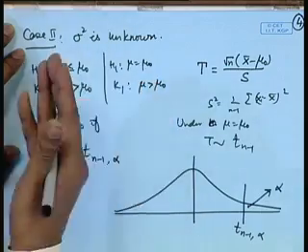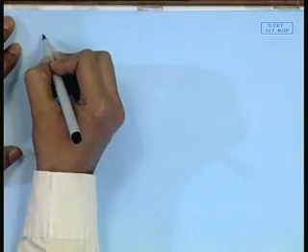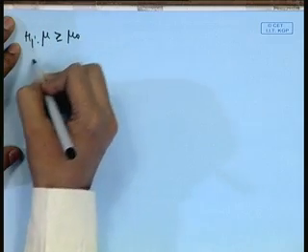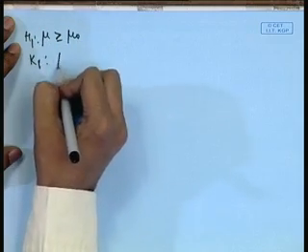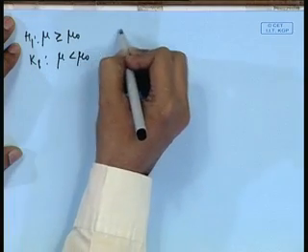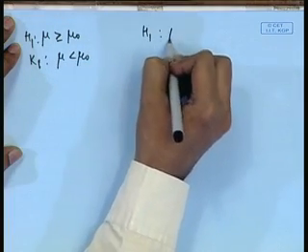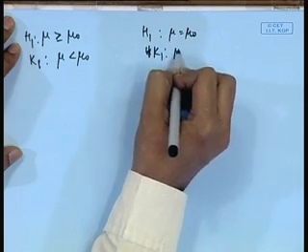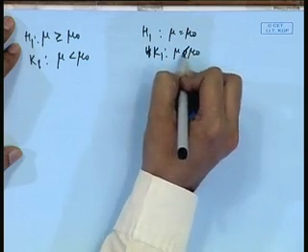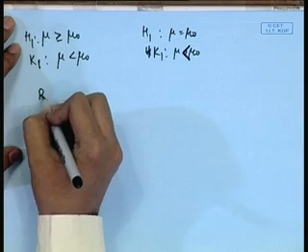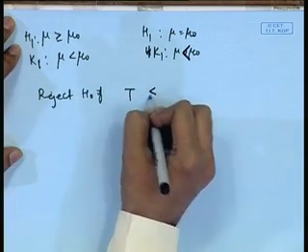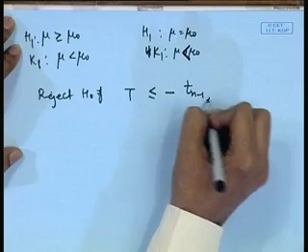So, likewise, if we get the reverse of this hypothesis, say mu is greater than or equal to mu naught against say mu is less than mu naught, or a variation of this could be H1, mu is equal to mu naught against mu is less than mu naught, then the test will be: reject H naught if T is less than or equal to minus t n minus 1, alpha.